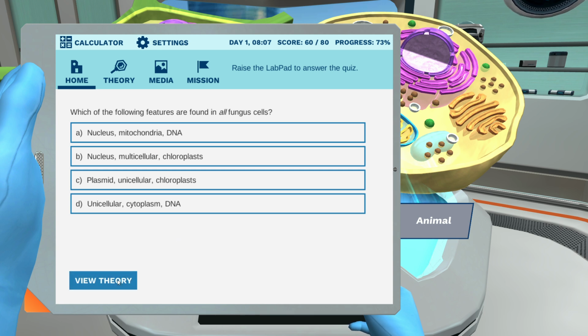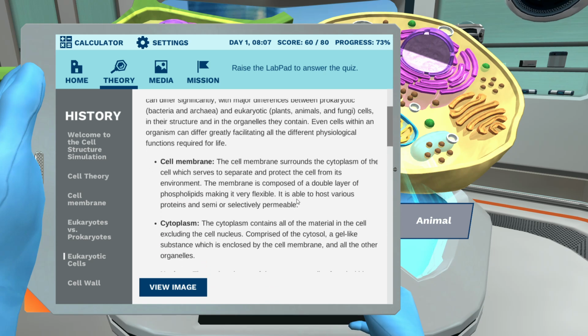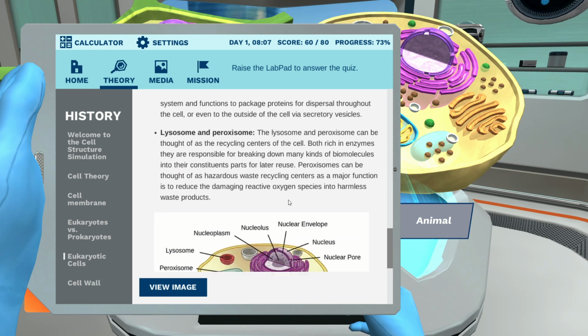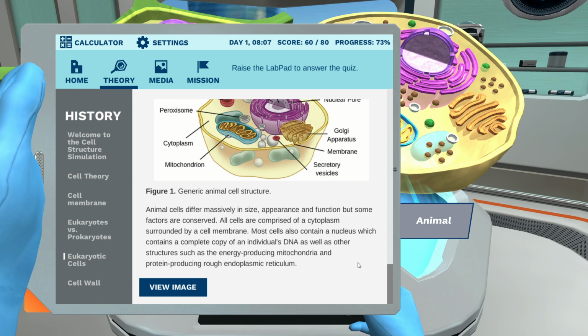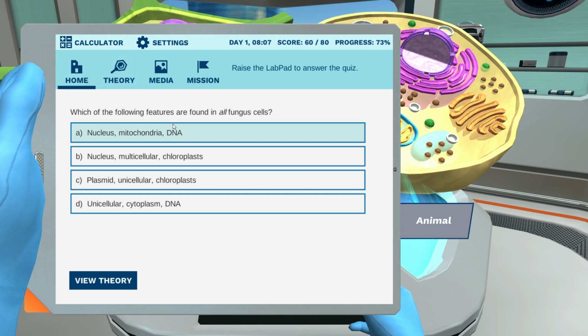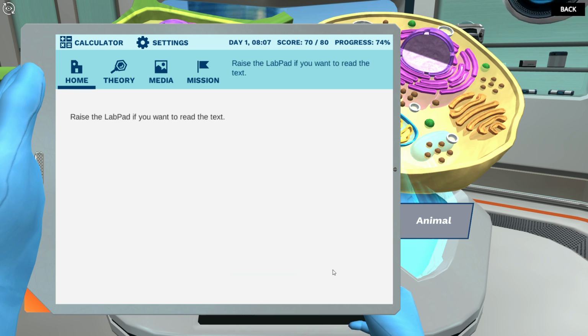Option D, unicellular cytoplasm DNA. That's right. Fungi are amazing.